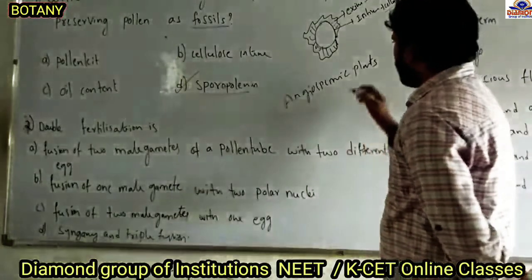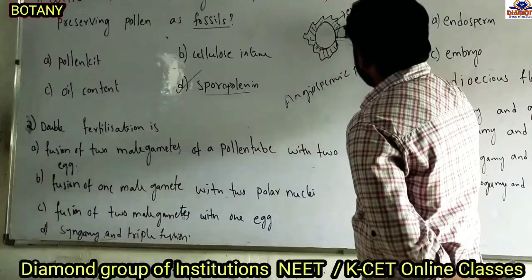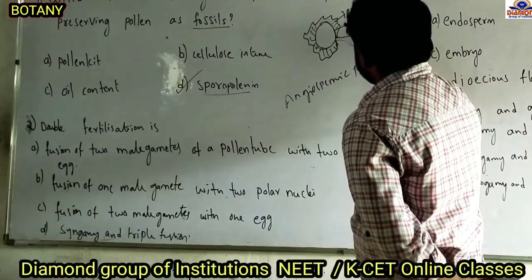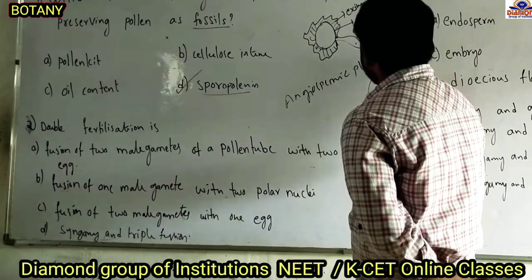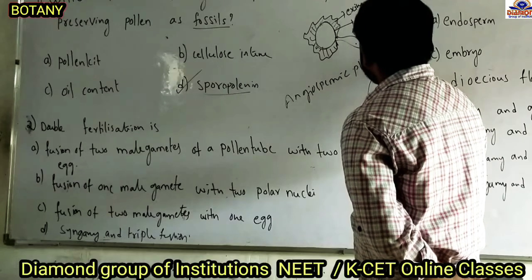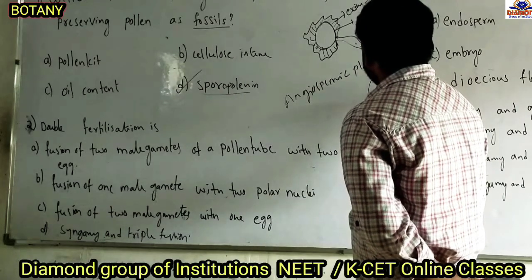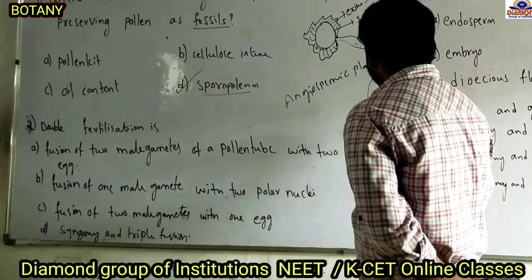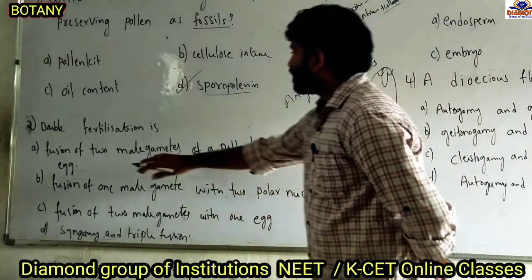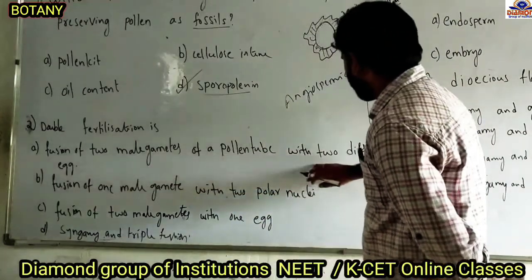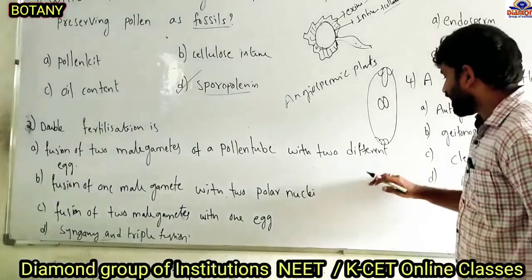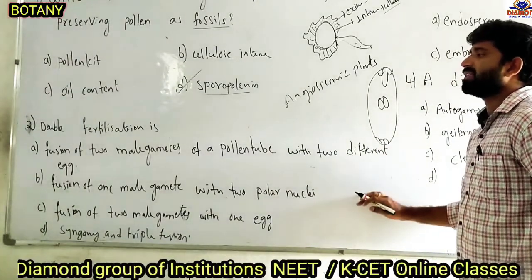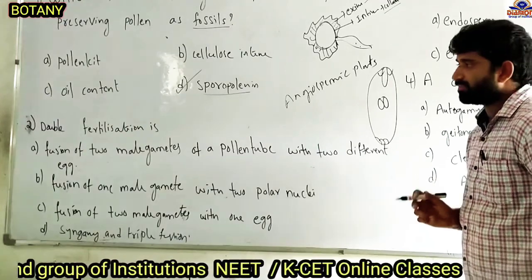The pollen grain forms a pollen tube, which carries two male gametes, and the female gametophyte has the egg apparatus, the central cell and the antipodal cells. Fusion of two male gametes with two different egg cells is not considered double fertilization.